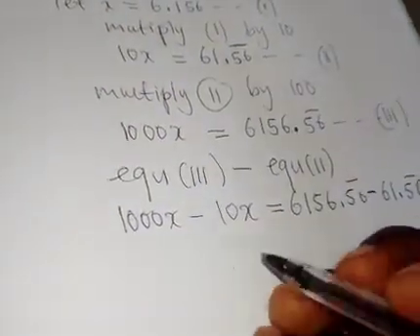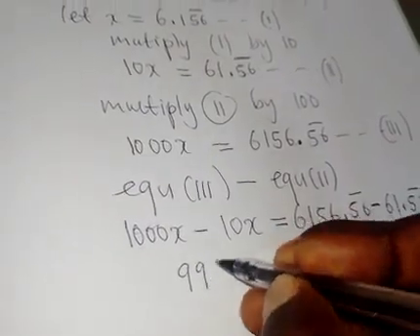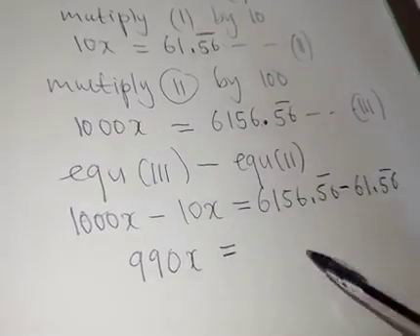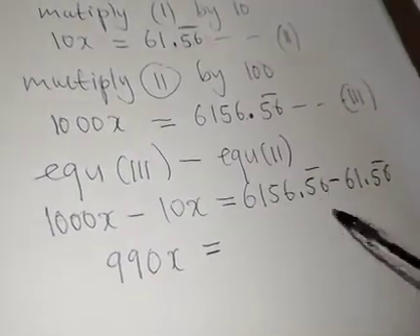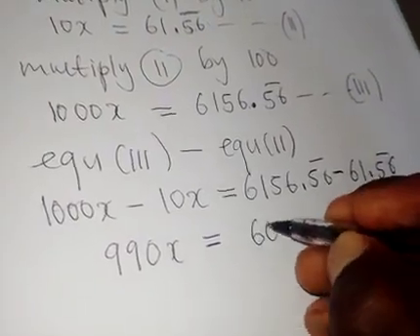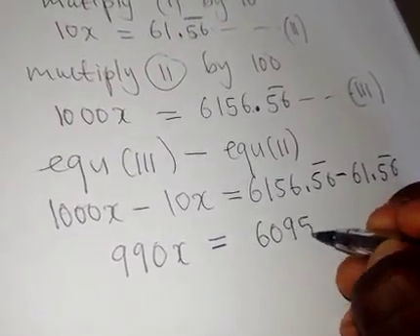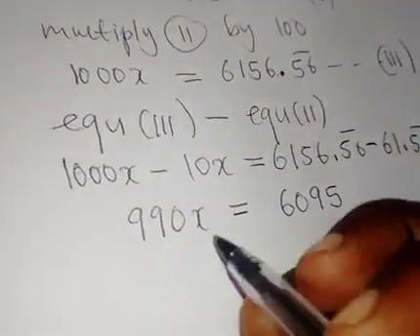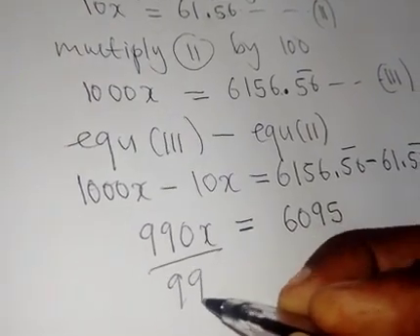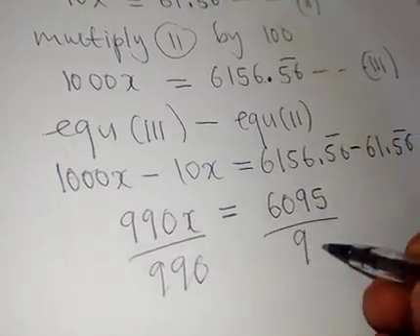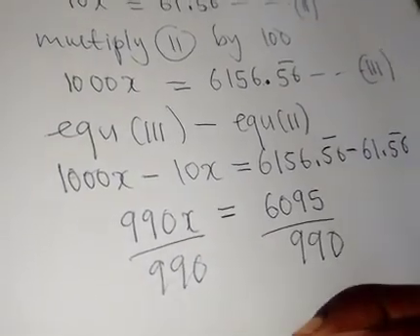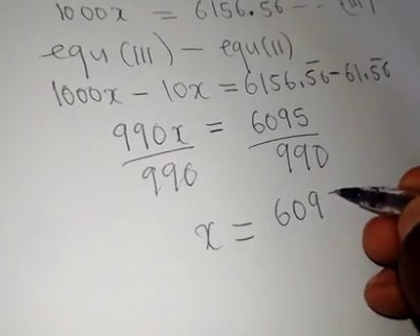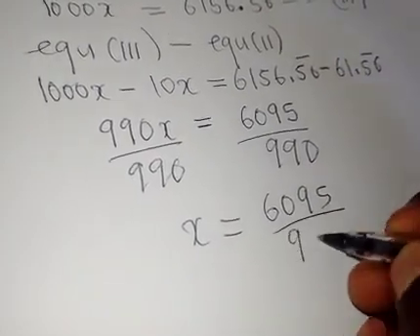So on this side 1000 minus 10, that's 990x being equal to, when you do your calculations on this side, you will find 6095, like that. Then we should just divide by 990 over 990. So x will be equal to 6095 over 990.